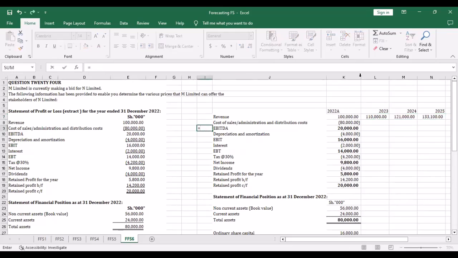So you find the current. That's why we brought in the 2022 actual. So the gross profit divided by the sales. So this percent will remain constant throughout the forecast. So this one we multiply by the sales, similar to common size financial statement. So it's just the opposite.